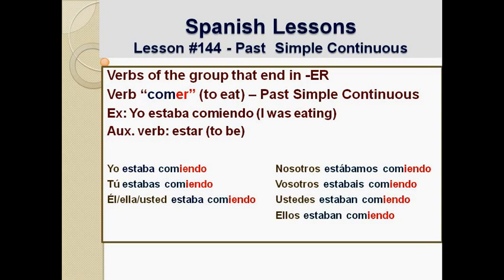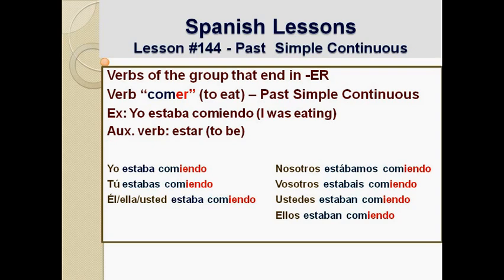I was eating. Tú estabas comiendo. You were eating. Él estaba comiendo. He was eating. Ella estaba comiendo. She was eating. Usted estaba comiendo. You were eating. Remember, usted is you, but it is the formal you or the respectful you.